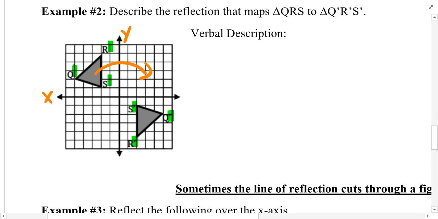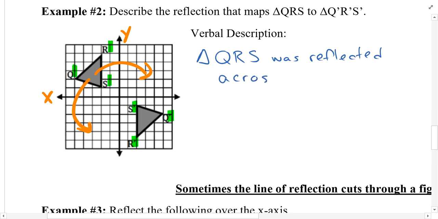If I were to reflect over the x-axis, my image would be in the third quadrant. So just from looking at this, I see that I had to do one more flip, which means that triangle QRS was reflected across the x and y axis.